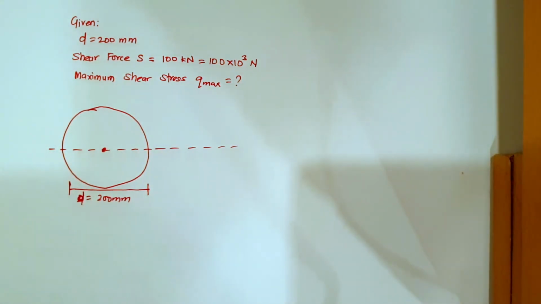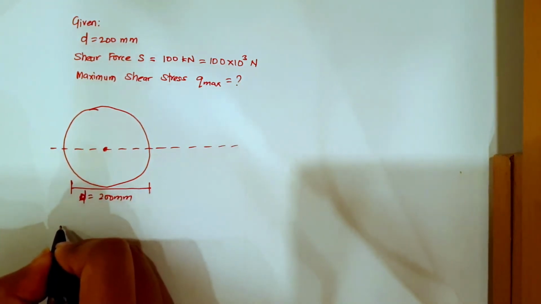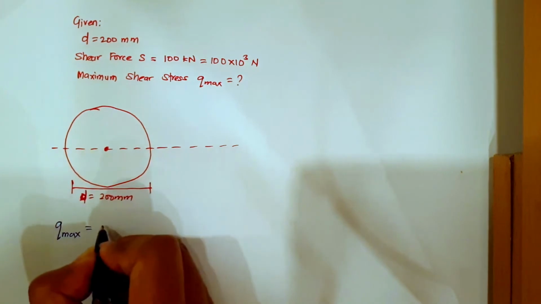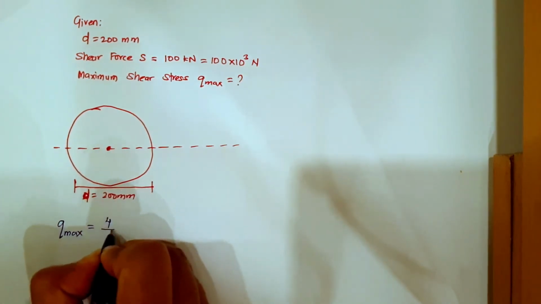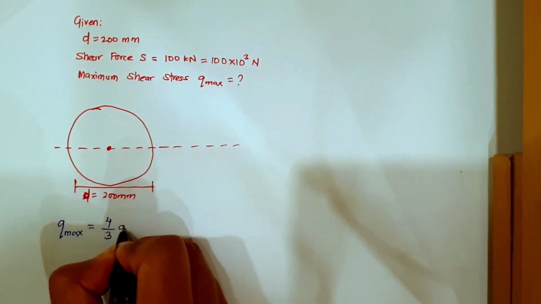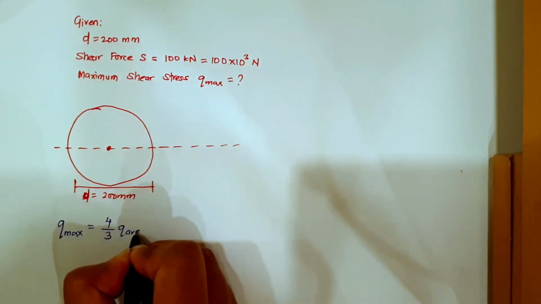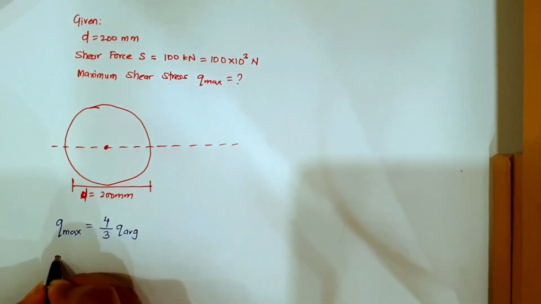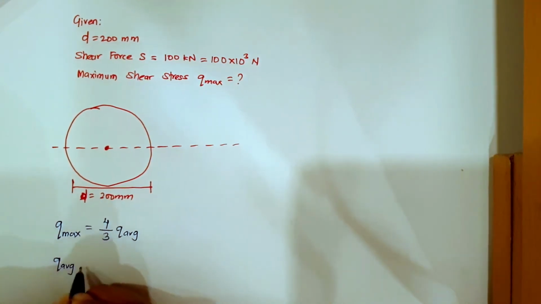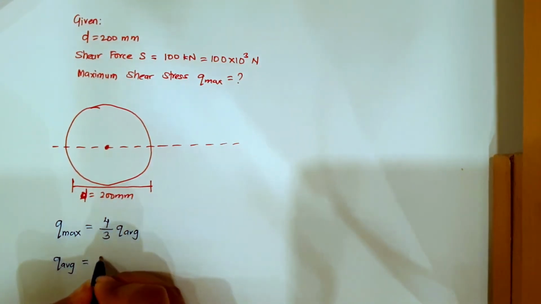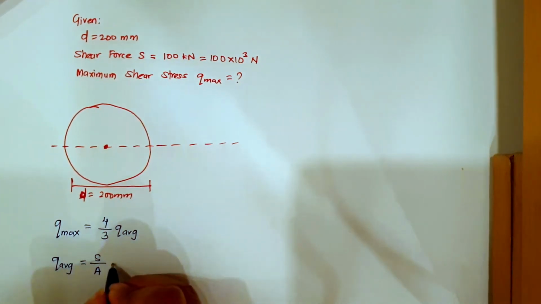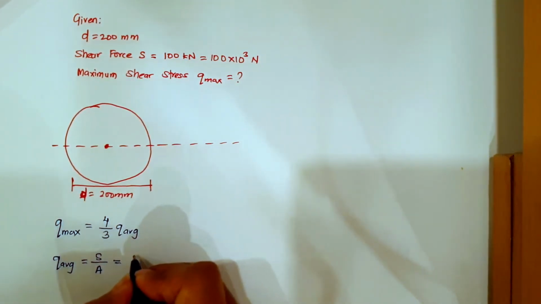Now let us find the Q max, maximum shear stress. Q max will be equal to 4 by 3 Q average. This is the formula. Now how much is Q average? Q average will be equal to shear force divided by area of the circle. So how much is shear force given?